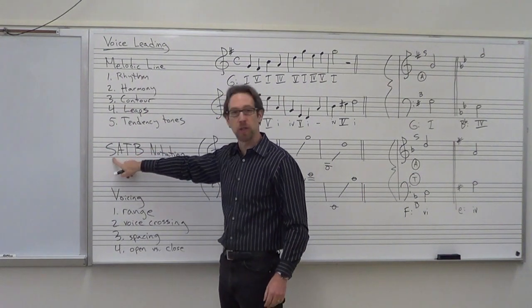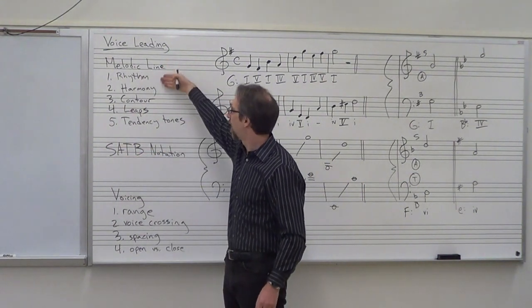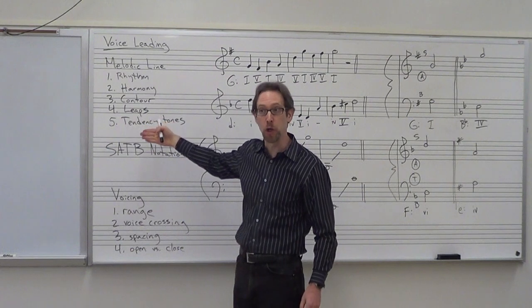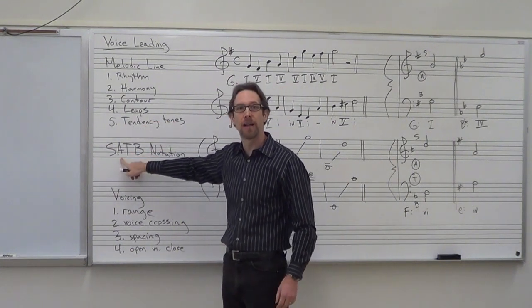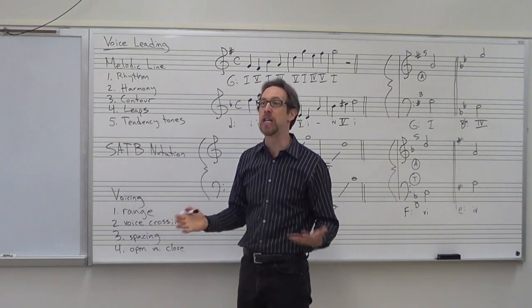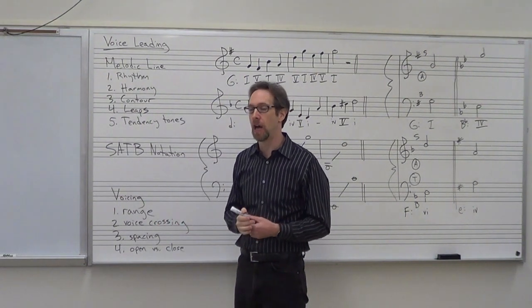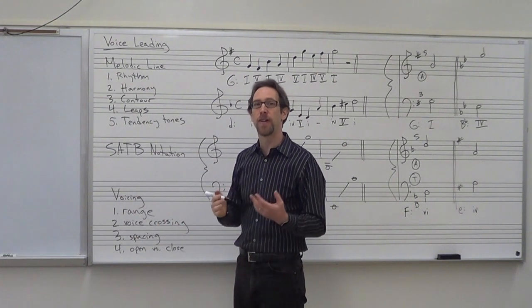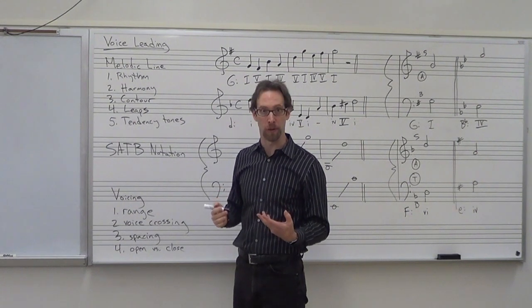So your soprano line has to follow these kind of rules of good melody, as does your alto, your tenor, and your bass. They all must be good melodies in and of themselves, or at the very least, not break any of these rules.